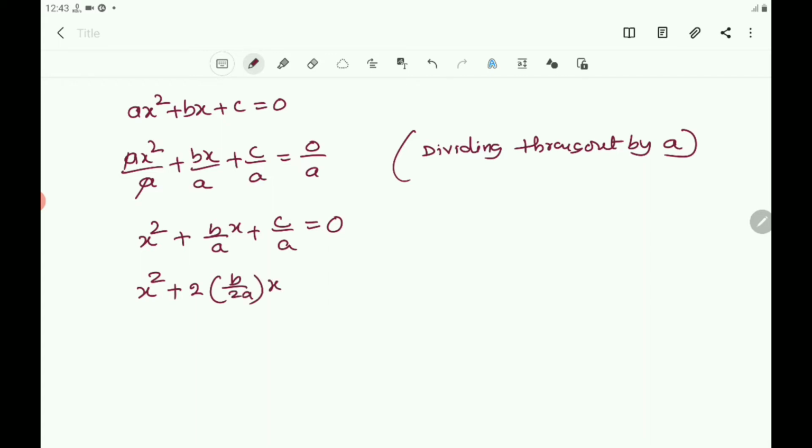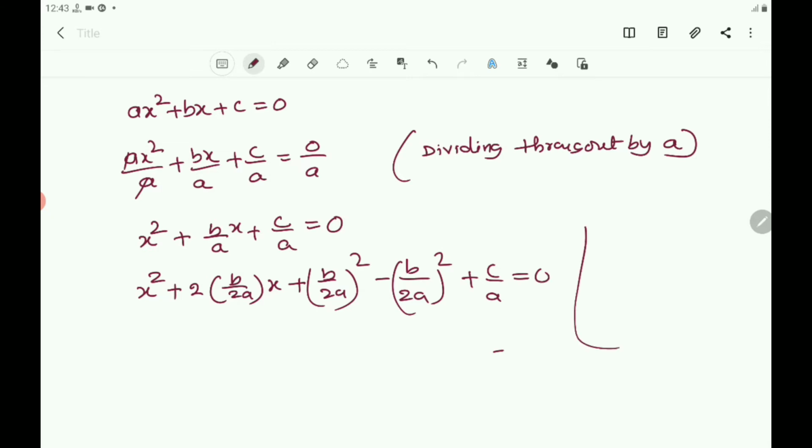You got x square plus 2ab, and plus b square minus b square, that you have to do. So you add b by 2a whole square minus b by 2a whole square plus c by a equals 0.